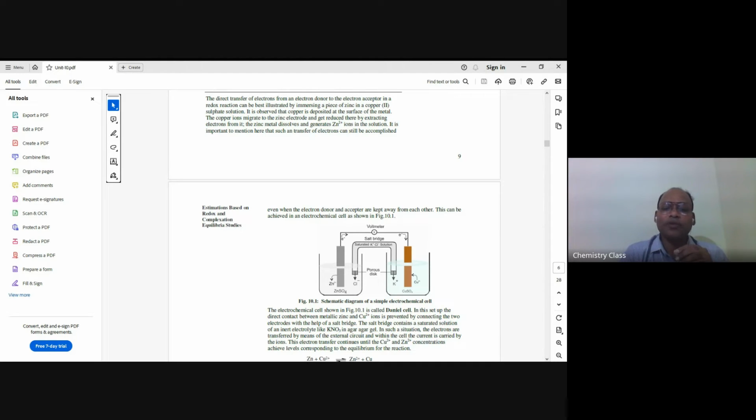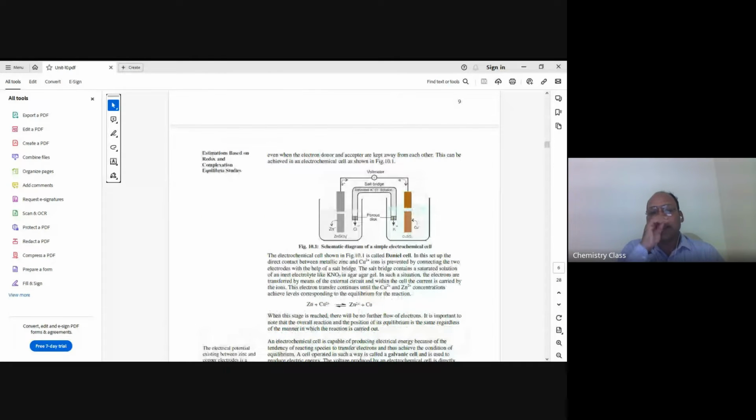Now if you come to this particular picture, check it out. On the left hand side, zinc sulfate solution is there, and a zinc electrode is used. In the right hand container, copper sulfate solution is there, and a copper electrode is used. In the salt bridge, there is KCl solution with gelatin, so K plus and Cl minus will act.